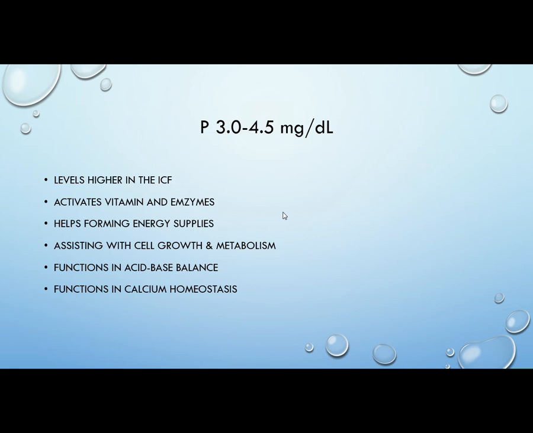Phosphorus is regulated through the PTH. If your PTH increases, your phosphorus decreases or is lost. Reduced PTH results in reabsorption of phosphorus by the kidneys, increasing the plasma levels. Okay.